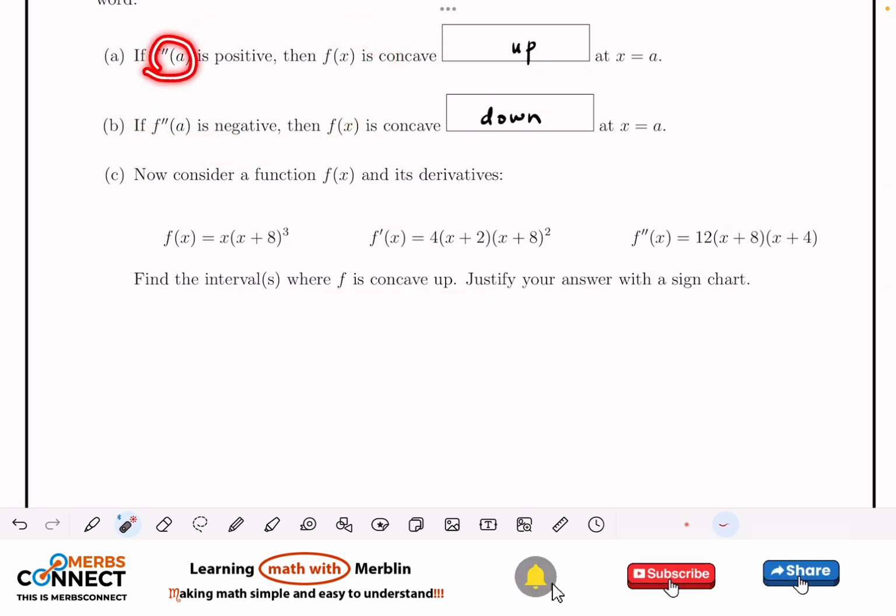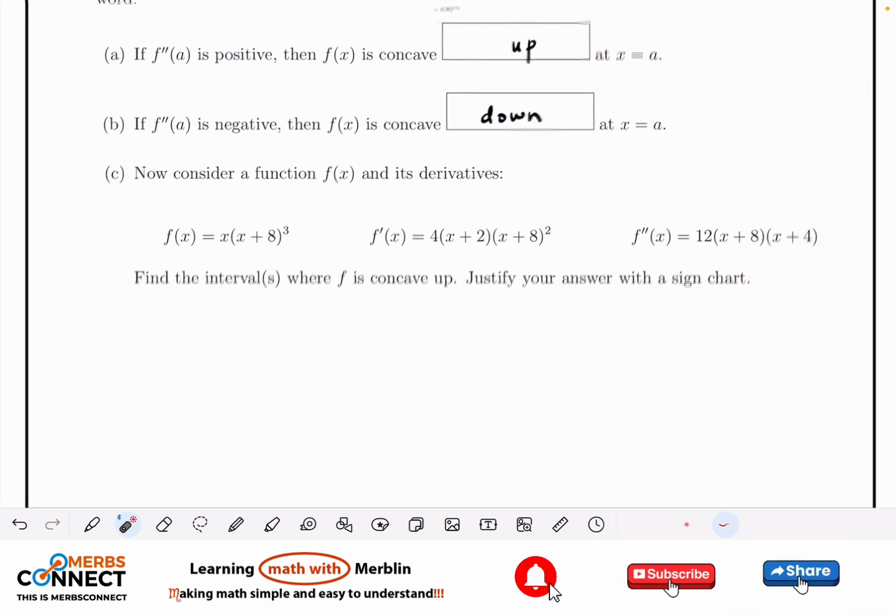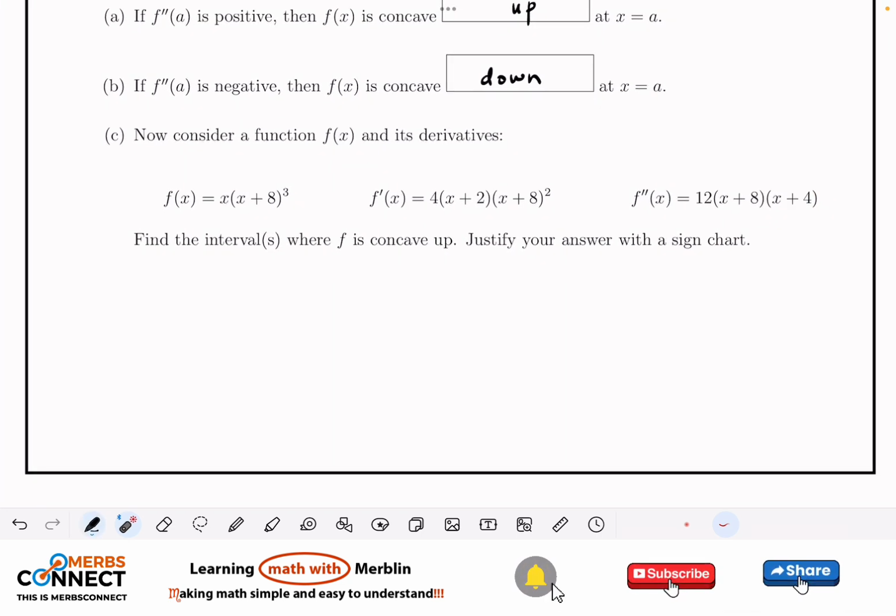We always use f prime prime. But with f prime prime, we need to have the points of inflection. They are the values that make f prime prime 0. So let's look for them. The first thing we need to do is equate this to 0, the values of x that are going to make this 0.